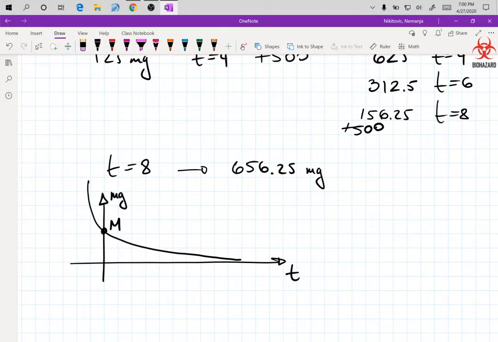Aspirin has a half-life of 12 hours, Xanax a half-life of 36 hours. Those are the two that they have in the textbook, so you can go and take a look at those.